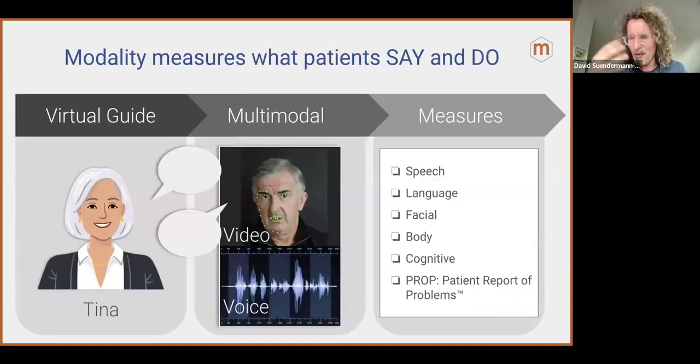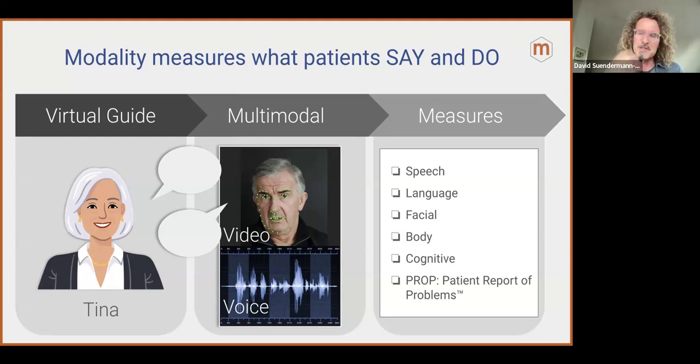And therefore, Modality has developed this platform that uses the power of a virtual assistant, virtual guide, Tina, that interviews patients in a way that is very similar to what a neurologist would do in a clinic. So she spends a lot of time listening to the patient and asking patients to describe their problems in their own words, the prop.